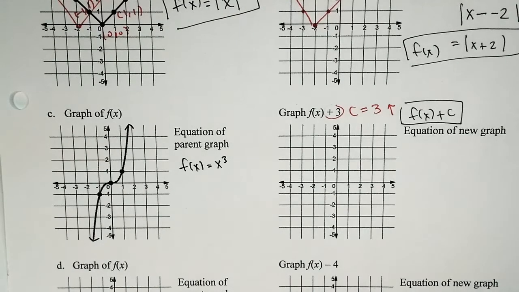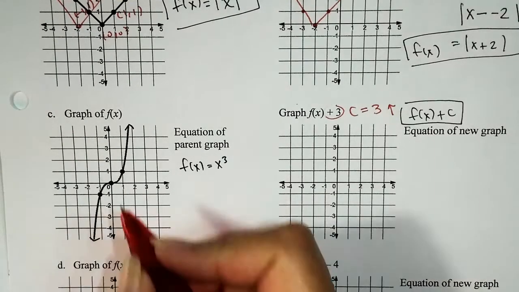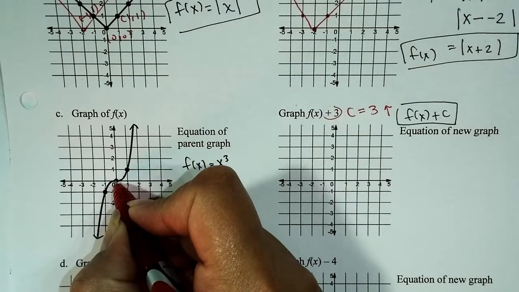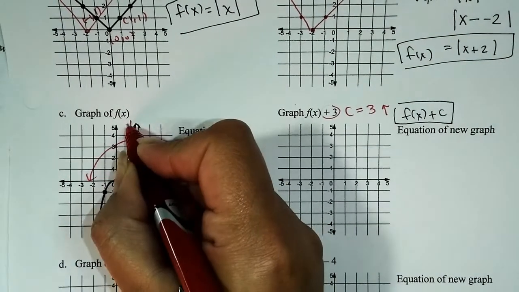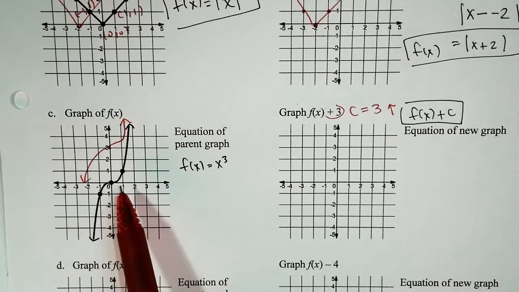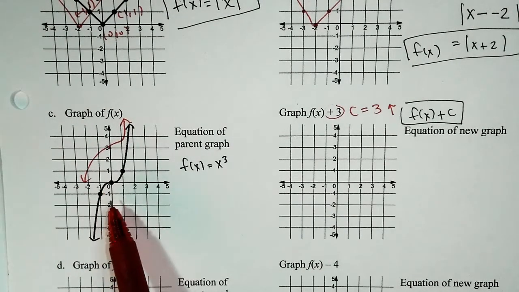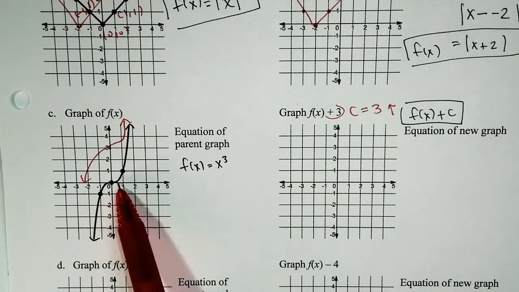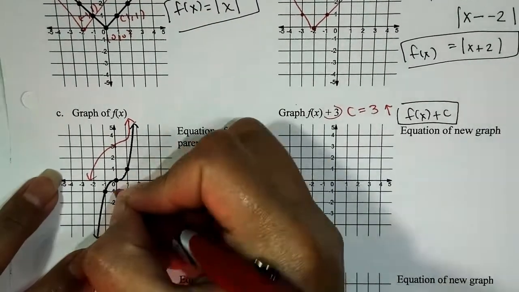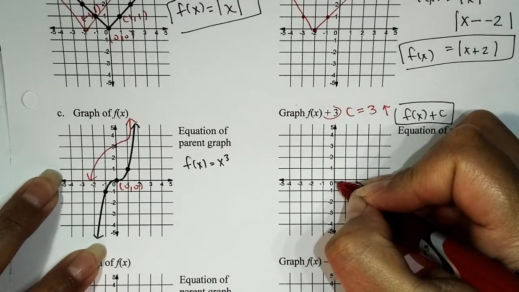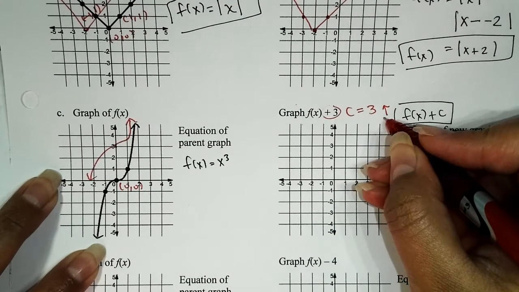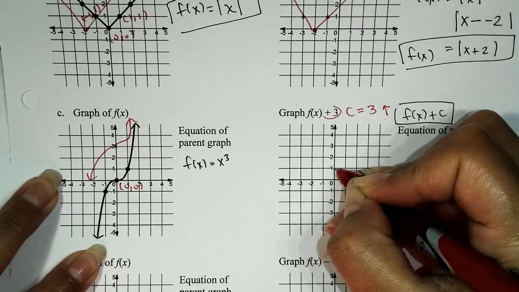If I wanted to do a really rough sketch, I'm at 0, 0, I go up 3 units, and that's pretty much my rough sketch. The graph of the cubic function is really hard for me, so I'm going to shift these 3 points. The first one is at 0, 0. Let's locate that, and then we have a vertical shift up 3 units, 1, 2, 3.